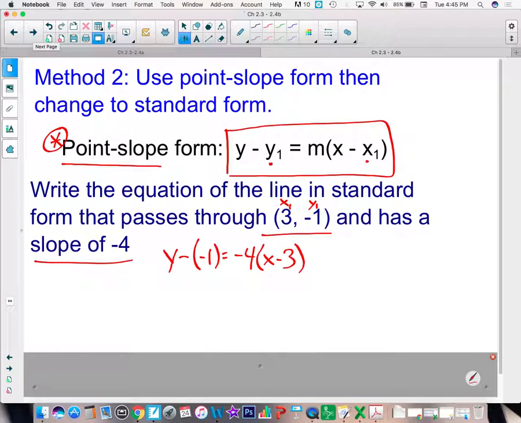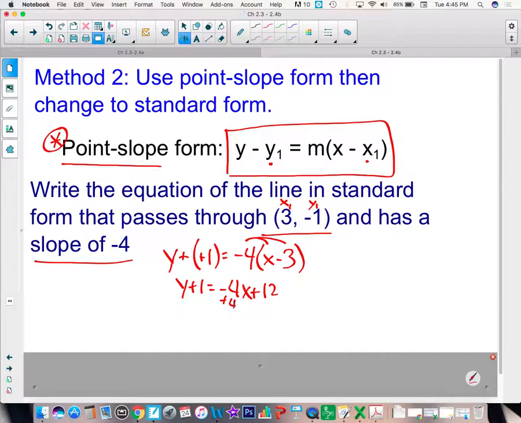From there, we just multiply everything out. So we have y plus 1 equals -4x plus 12. That's the distributive property here. Then, just like the last example, what's the next thing we have to do? We have to put all the x's and y's on the same side. We only have one of each here, so put the x and y on the same side, and then move the number over.